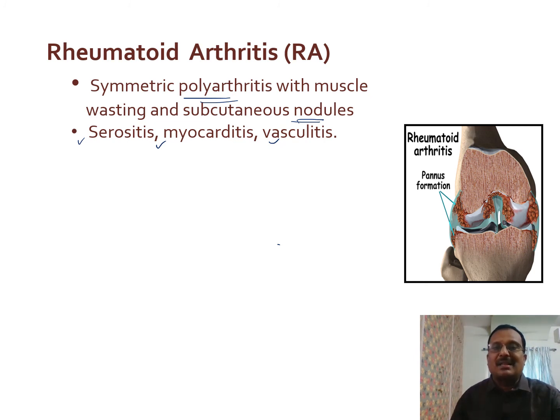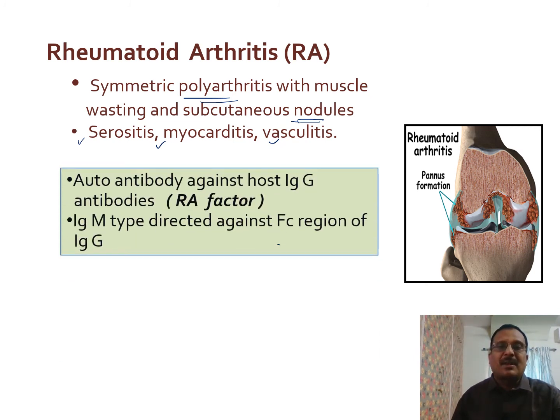And here the autoantibodies are produced against host immunoglobulins, and these antibodies against the antibodies are known as RA factor. This is IgM type directed against the Fc region of IgG. So in rheumatoid arthritis, IgM type antibodies are produced against IgG antibody.